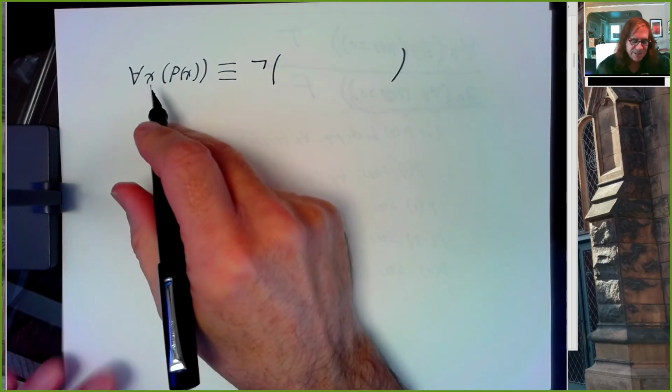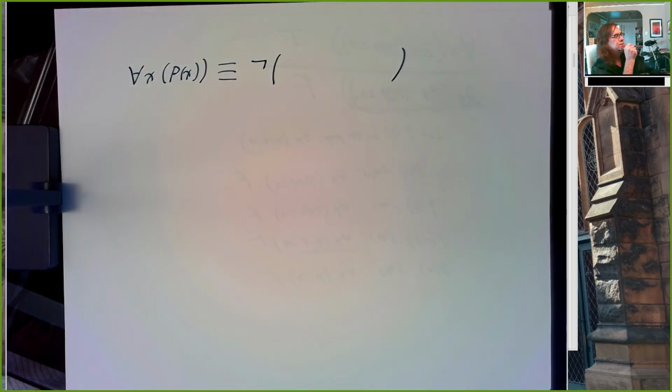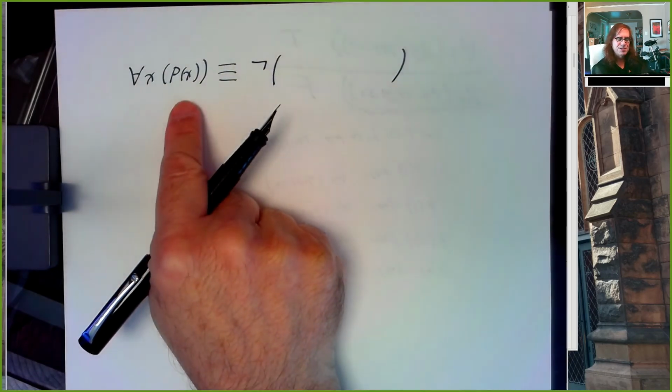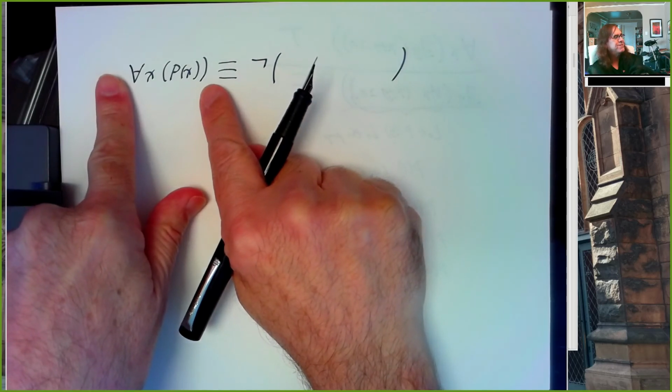So we could negate this. There's no such x. There's no x such that p is true. Almost. So this is saying for all x, p is true. If that's not the case, we don't know that for all x, p of x is false.